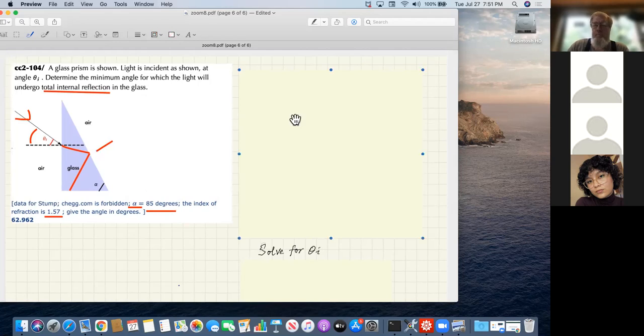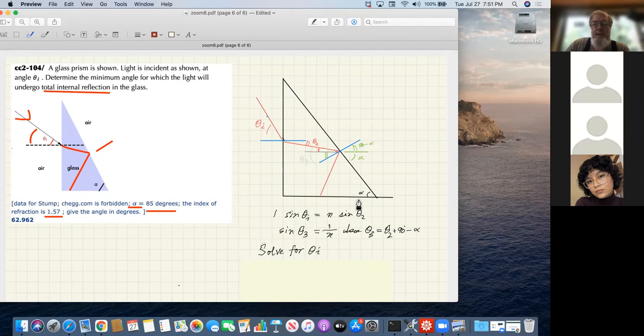All right, so let's draw a bigger picture here. So here's the prism with angle alpha. And here's the incident ray. It undergoes refraction at the front surface and comes off with the direction theta 2, where n1 sine theta 1 is equal to n2 sine theta 2. n1 is the index of refraction in air, so that's 1.